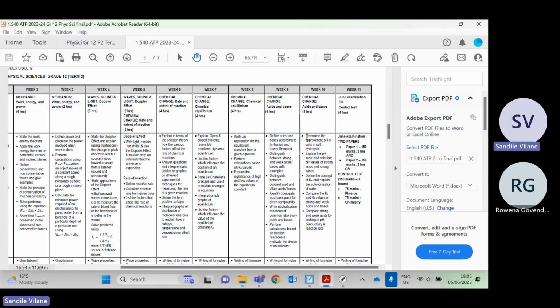I see. Determine the approximate pH of salt in hydrolysis. Explain the pH scale. Define the concept of Kw. Compare Ka and Kb values for strong acid, and compare strong and weak acids by looking at pH, conductivity, and reaction rate.